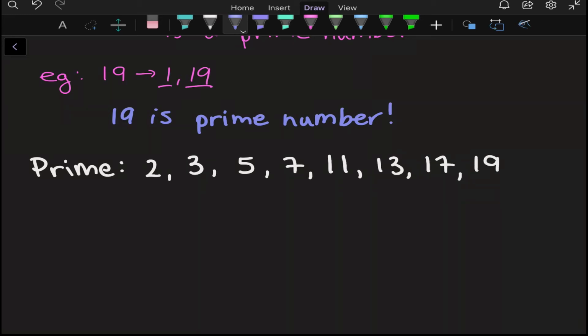And above, here's where we showed 19. We also showed 7. So the same thing goes for all of them. If we show 2, 2 is only divided by 1 and itself. Same with 3, 1 and itself. Same with 5, 1 and itself. And so on for all of the prime numbers.